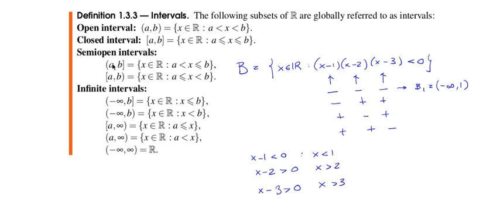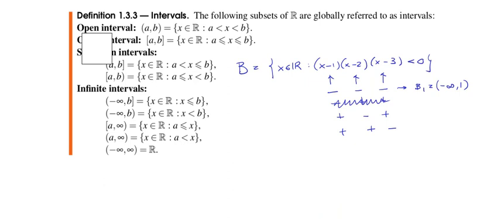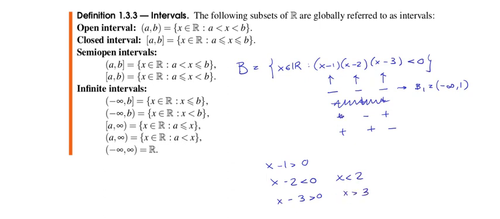There's no way you can have this property. Now, if x minus 1 is greater than 0, x minus 2 is smaller than 0, and x minus 3 is greater than 0, then x would be smaller than 2, but x greater than 3. So again, it's impossible.